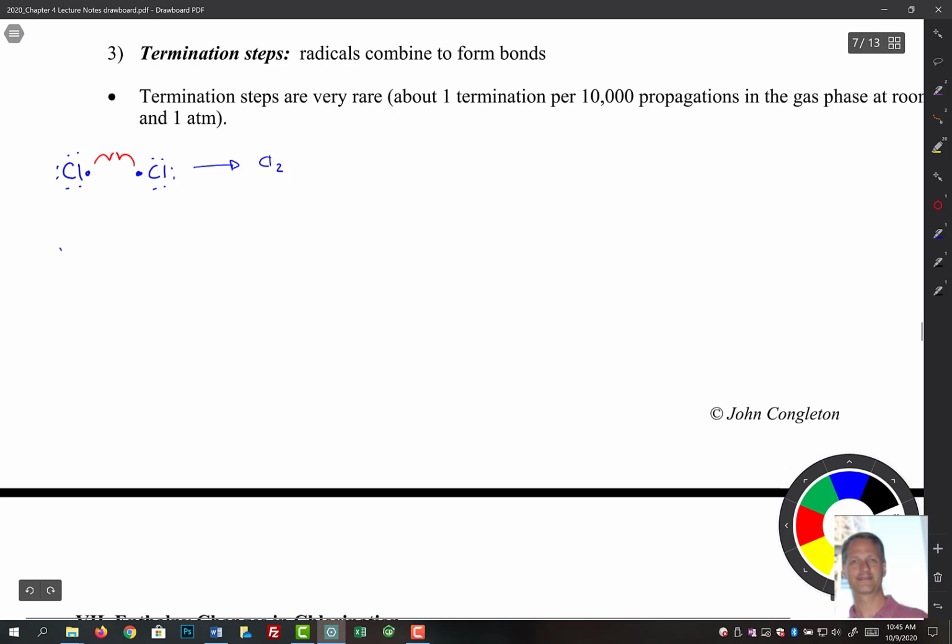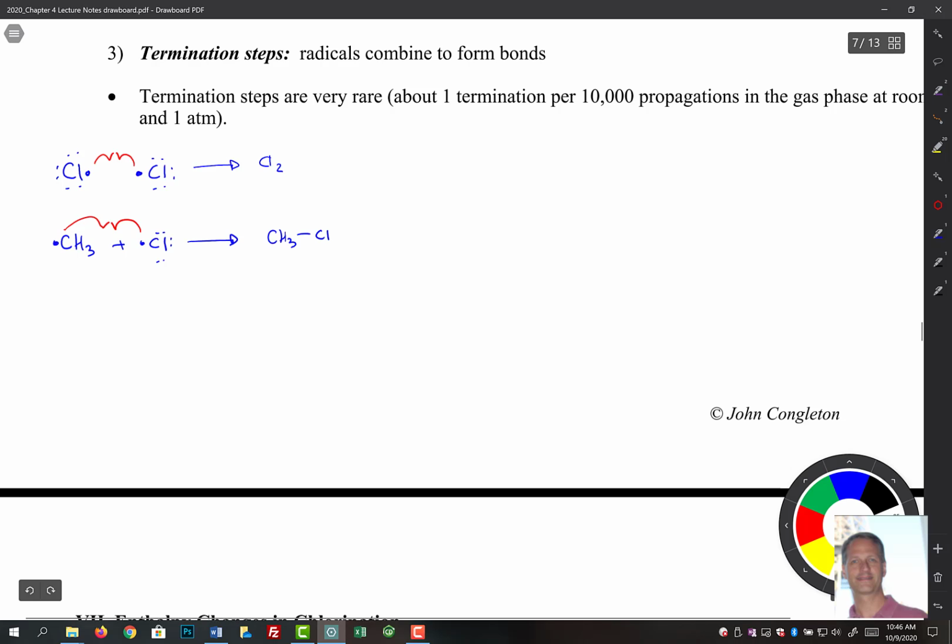What if we took our CH3 radical, so we have our CH3 here, and we combined that with the chlorine radical. So that would give us CH3Cl.